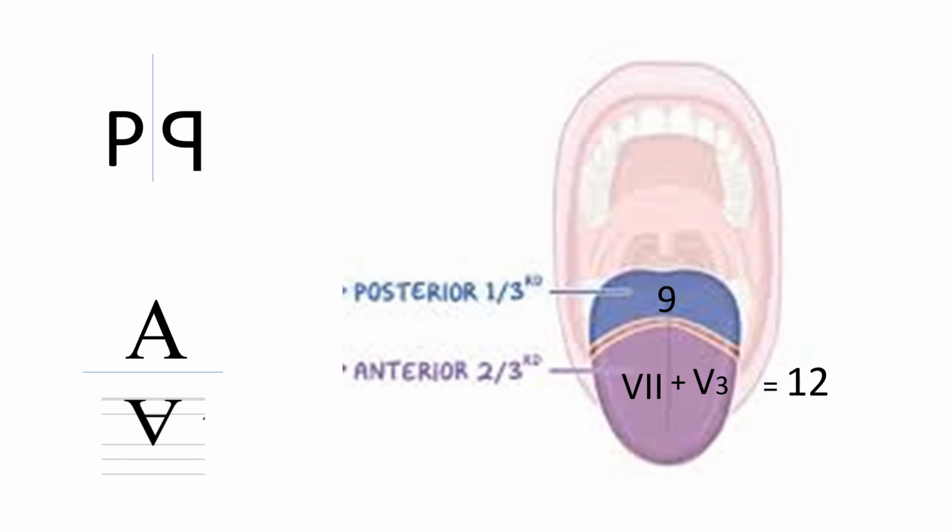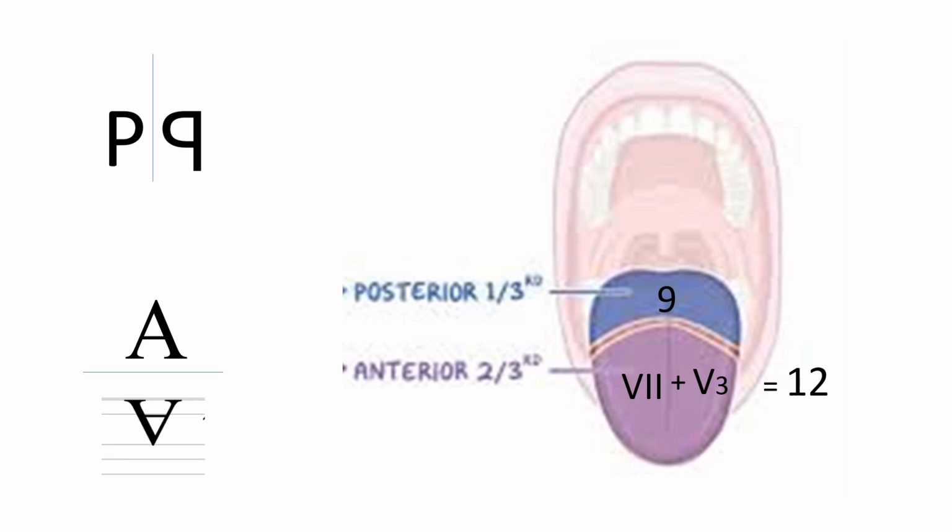But now you have to remember that we said earlier in the video that the hypoglossal nerve innervates all intrinsic and extrinsic muscles of the tongue, excluding the palatoglossus, which is innervated by cranial nerve number 10, also known as the vagus nerve. So how do we remember cranial nerve number 12?